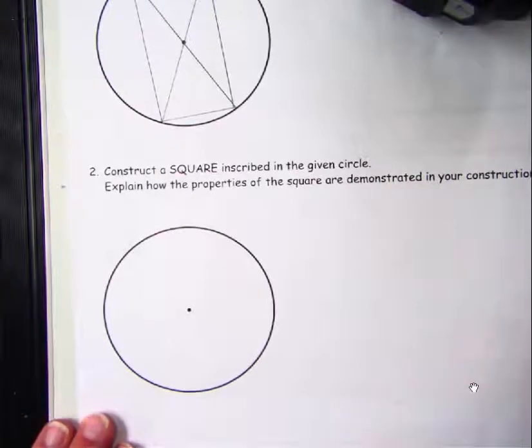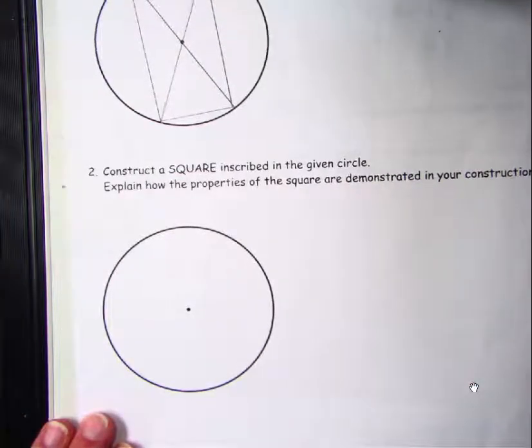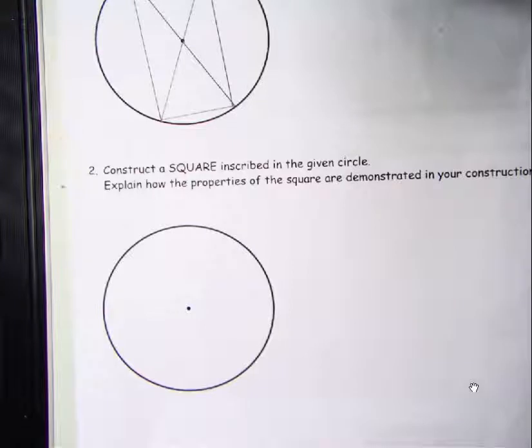Construct a square inscribed in the given circle. Explain how the properties of a square are demonstrated in your construction.